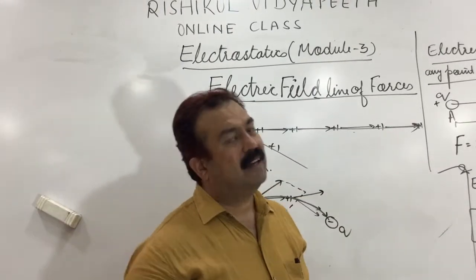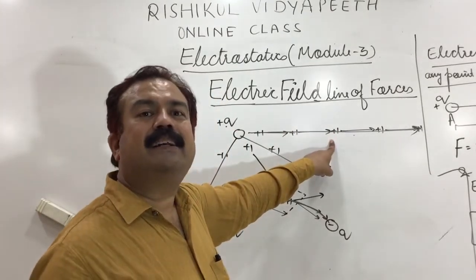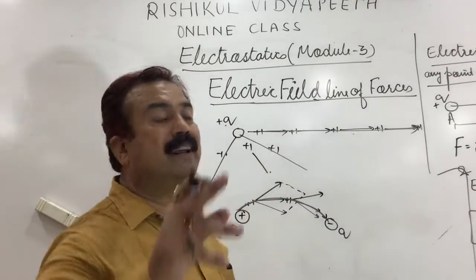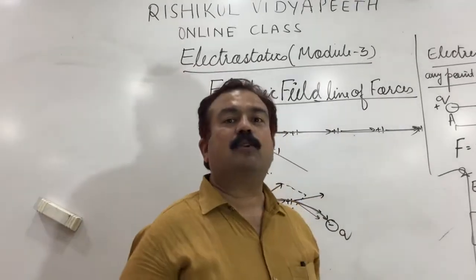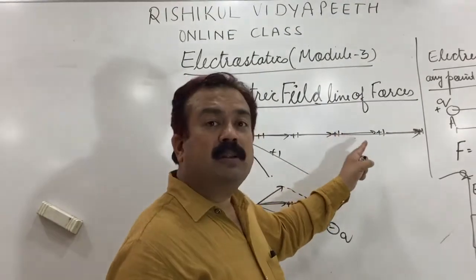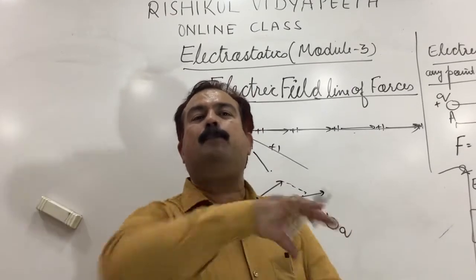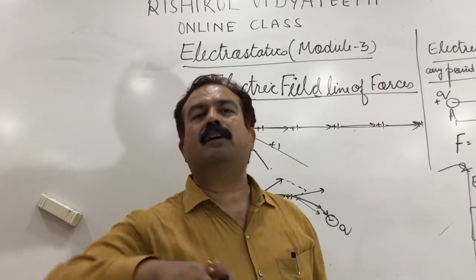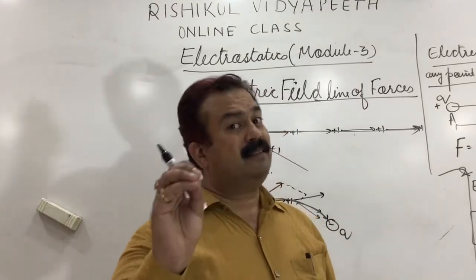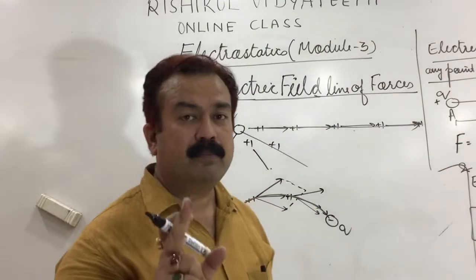So here we can say that the test charge always moves in the direction of the electric field. But if you take a negative test charge, then what will happen? In that condition, all the rules, all the fundas, all the concepts become opposite. So by convention, we consider the test charge to be positive. Okay, just remember this point.